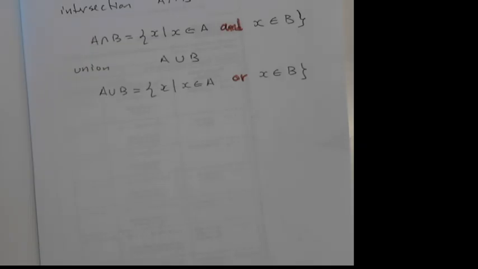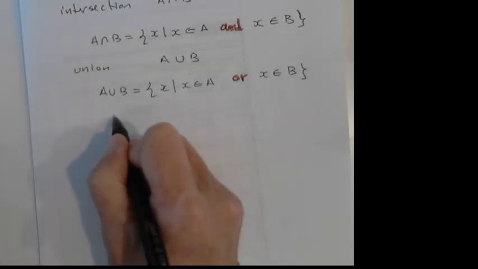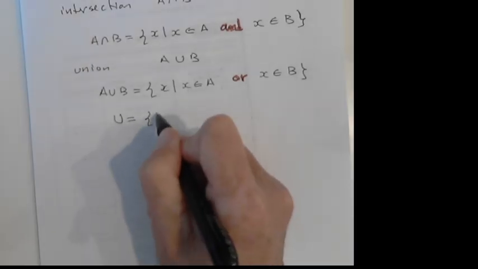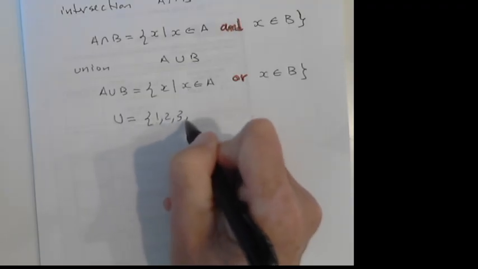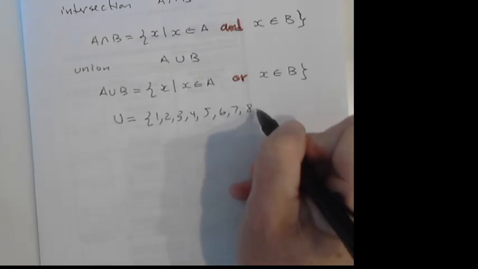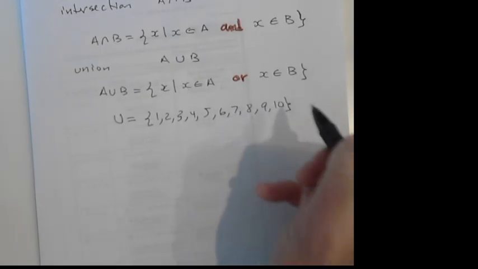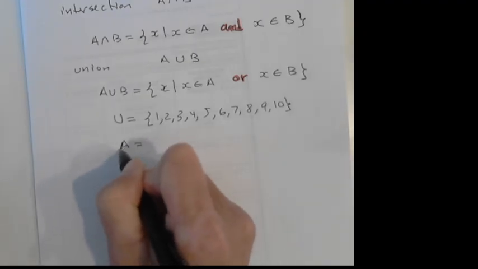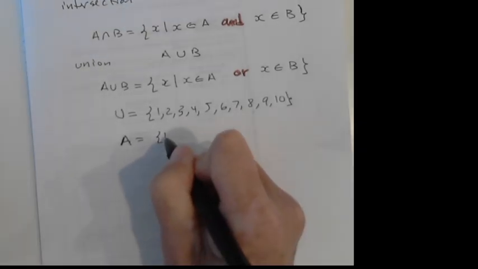And now we are going to see this as an example. For example, my universe is going to be numbers from 1 to 10. And A, I will call it the odd numbers.